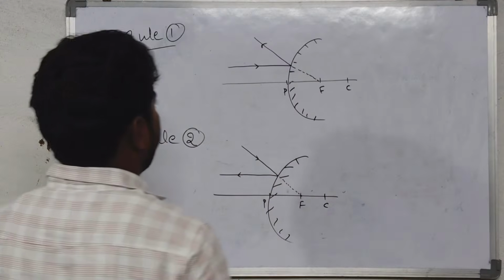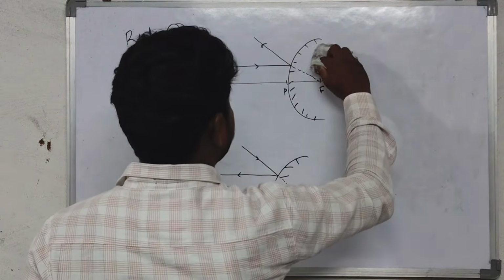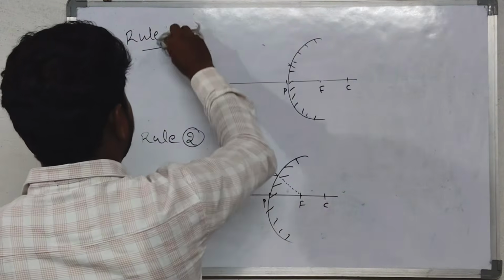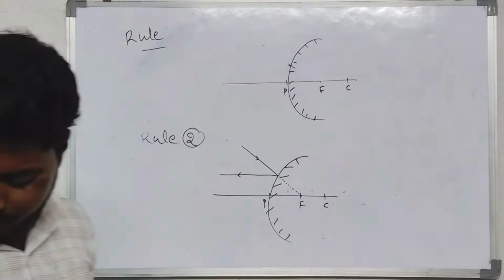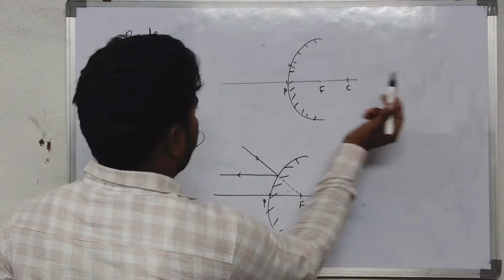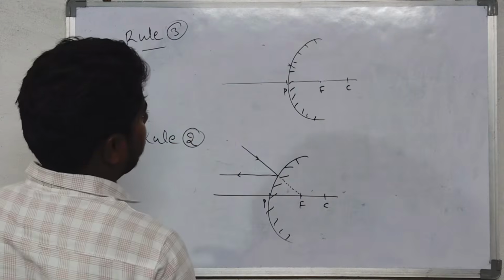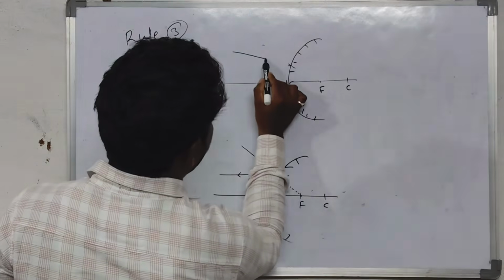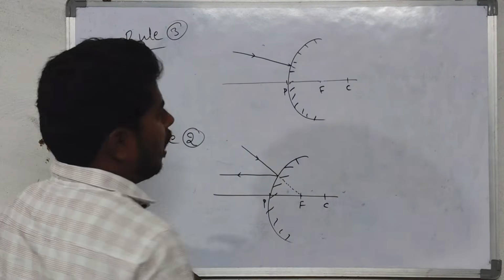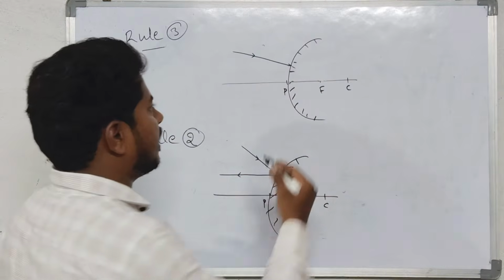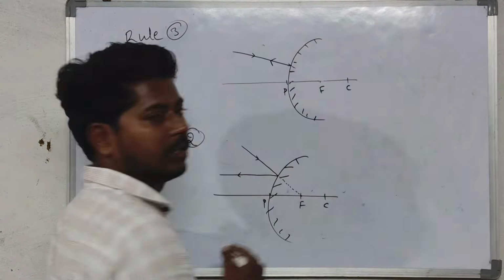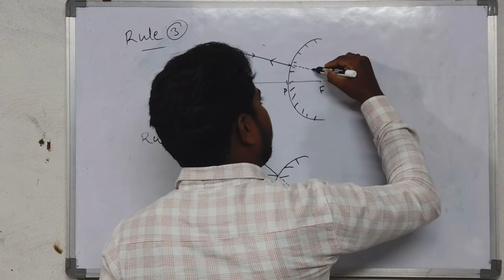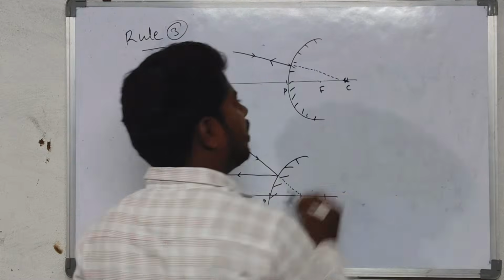Let's see rule number 3. When the incident ray goes towards the mirror and strikes the mirror, after reflection it gets reflected back along the same path, because if you extend a dotted line from here, it exactly touches the center of curvature.